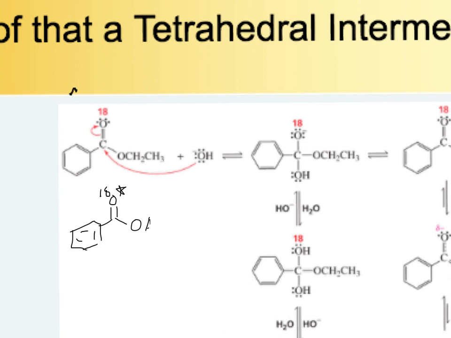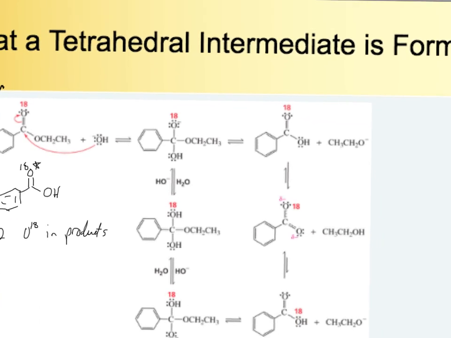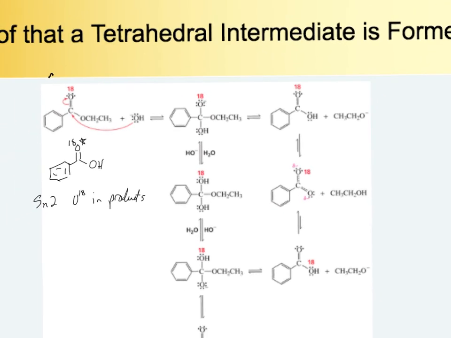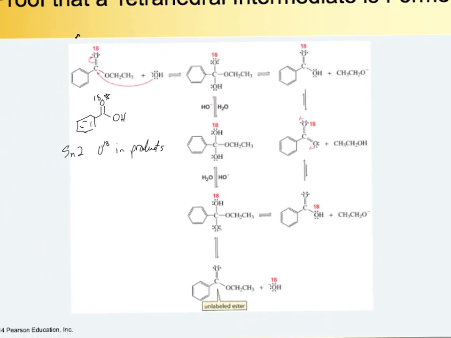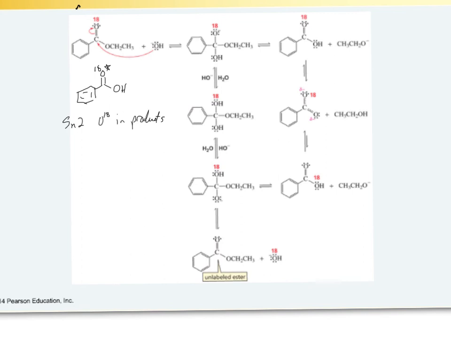But what they found out was that it wasn't, right? If we're doing an SN2, the O18 would have to be in the products, but it's not, and that's the key. And you can look through this little mechanism here. It's a nice little study showing how the O18 sometimes can be the part that gets kicked out.